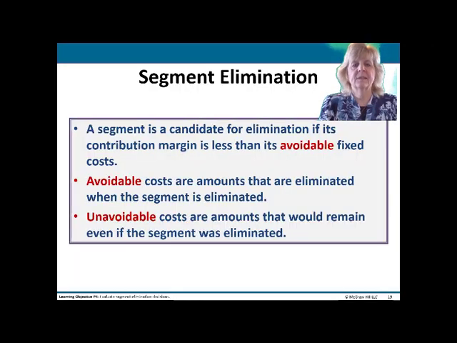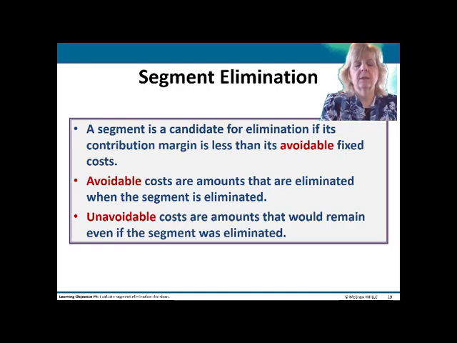Let's talk about segment elimination. This decision usually comes into play when a department or a segment is showing a net loss. However, we need to be careful because sometimes an income statement prepared in a GAAP format doesn't help the manager decide whether a segment is or should be a candidate for elimination.